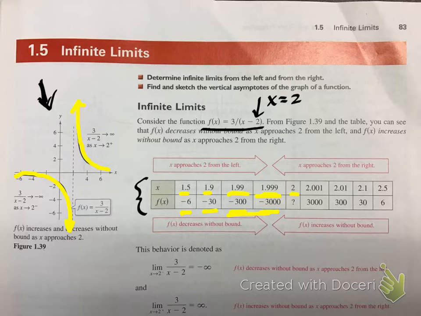So we can really see that infinity idea, and the same thing on the right side. The behavior is denoted: the limit as x approaches 2 from the left is going to negative infinity, and the limit as x approaches 2 from the right is going to positive infinity.